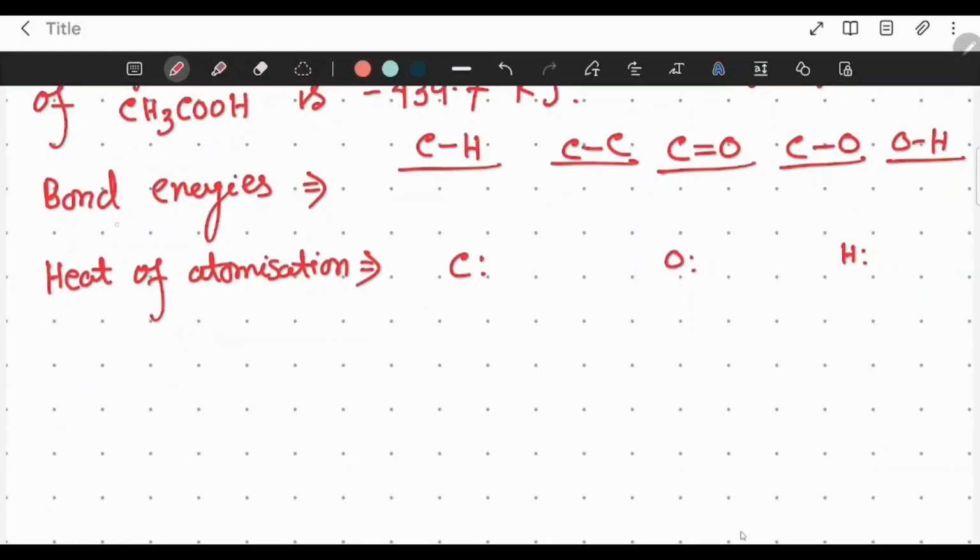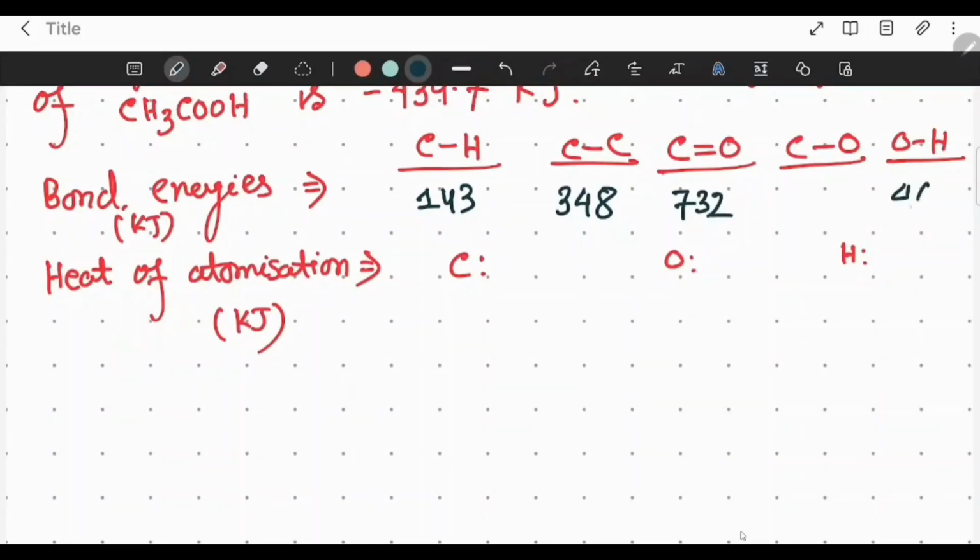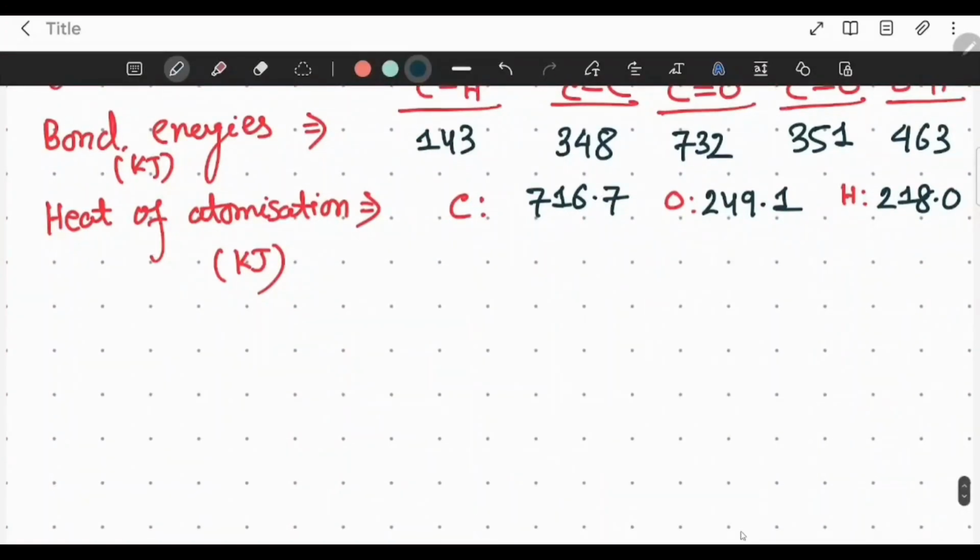All are in kilojoule. So what are the data? It is 413, it is 348, it is 732, it is 463, and it is 351. And it is 180.0, 249.1, and 716.7. Now we have calculated.